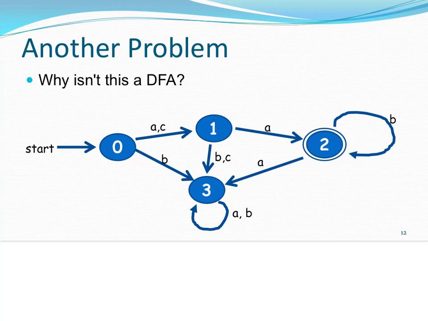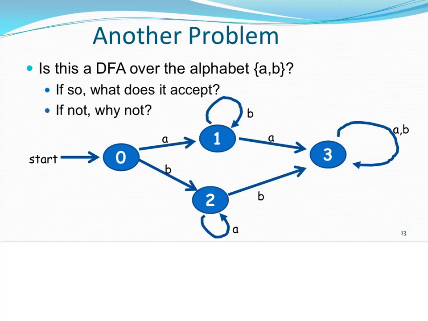If you look, state 2 is missing an out transition for C, and state 3 is missing an out transition for C, assuming it's over the alphabet A, B, C. If it's over the alphabet A, B, then why do we have these C's in here, right? So, question, is this a DFA over the alphabet A, B? If so, what does it accept? If not, why not? Pause and think about it for a minute.